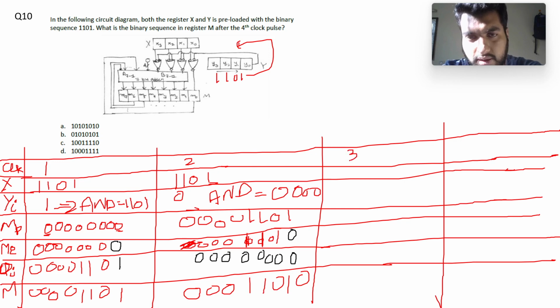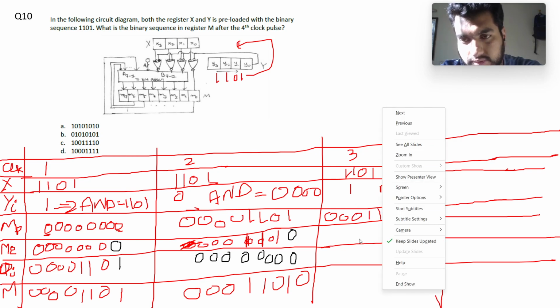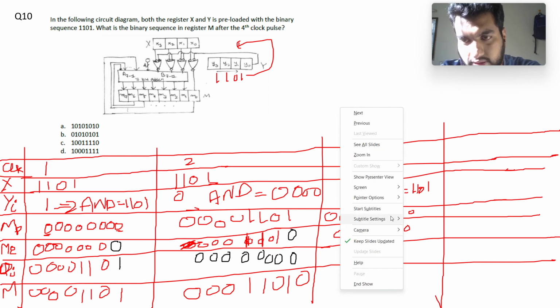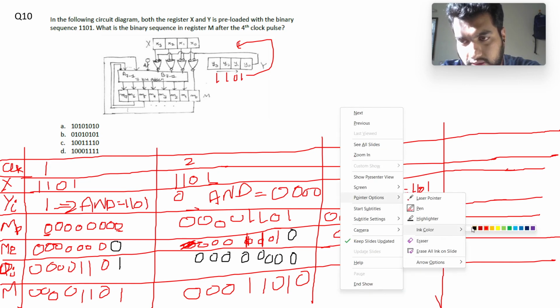Now the third clock cycle my input is 1 1 0 1, Y is 1, so their AND will be equal to 1 1 0 1. My M from the previous clock is 0 0 0 1 1 0 1 0, and my input to the adder will be 0 0 1 1 0 1 0, 1 2 3 4 5 6 7, and that M7 will not be an input to that.